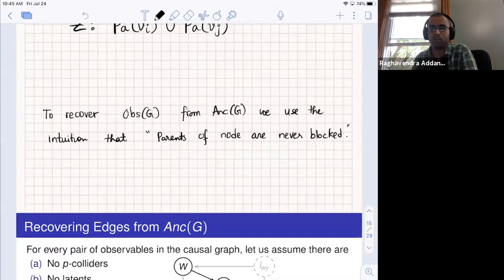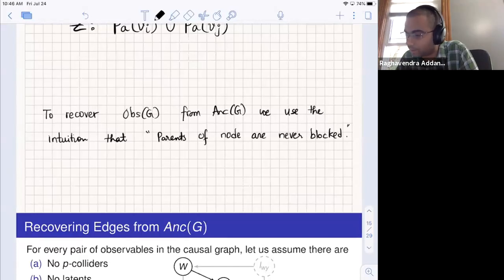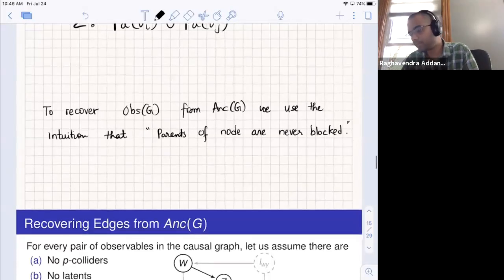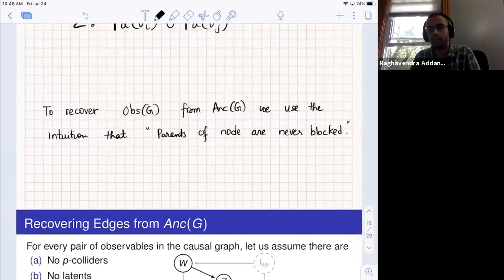So all the relations we know are path relations. Now we have to recover the parental relations from these path relations. This is what I meant earlier when we considered challenges. These are indirect causal effects which we want to eliminate; we want to identify direct causal effects. For this, we use the intuition that parents of a particular variable are never blocked.